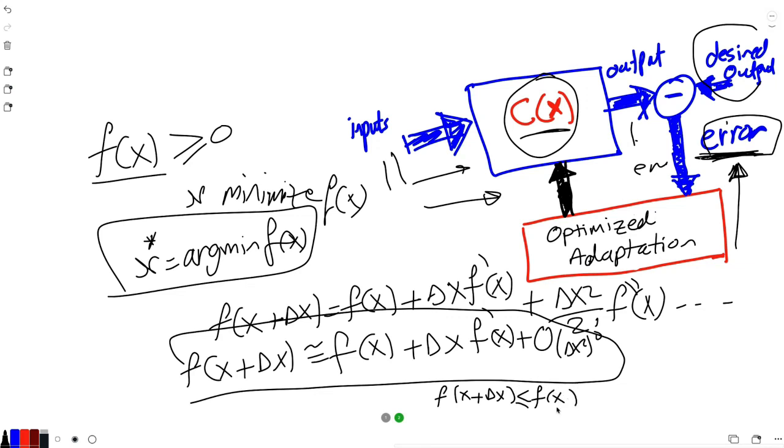So if we achieve the right correction of delta x, the new adaptation of x will make f of x plus delta x less than f of x.